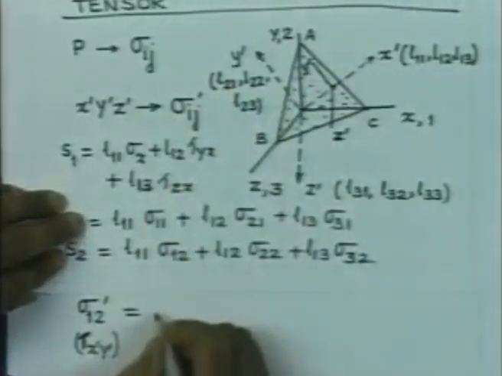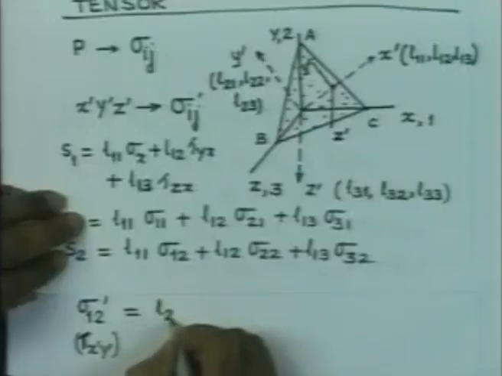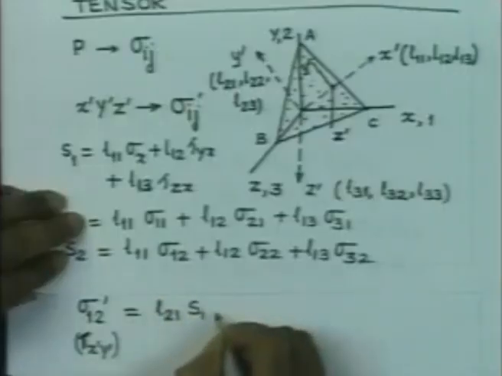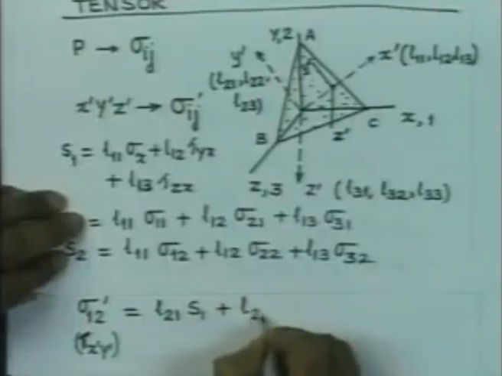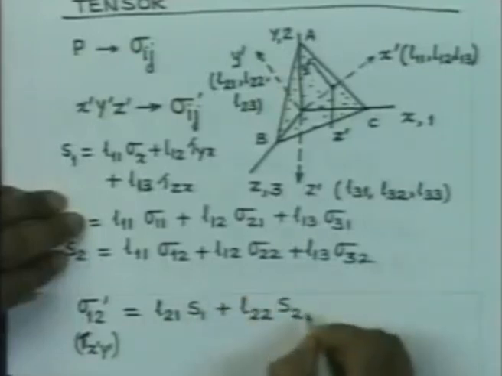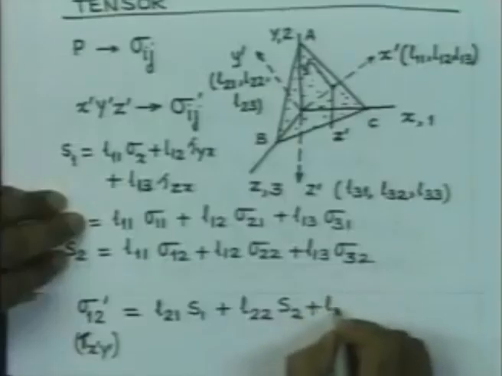So, we can now write that the component sigma 12 dash is going to be nothing but L21 S1 plus L22 S2 plus L23 S3.